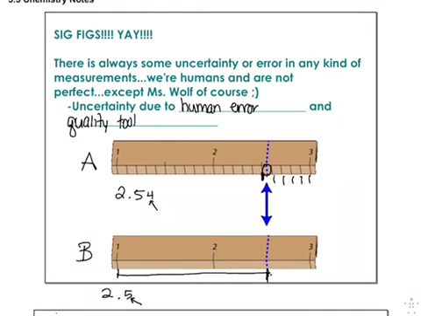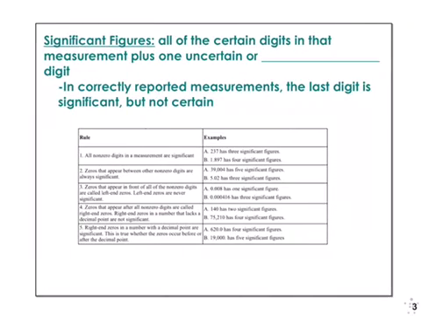So we've increased our number of certain digits going from B to A. By definition, significant figures are all of the certain digits in that measurement plus one uncertain or estimated digit. In incorrectly reported measurements, the last digit is significant, however, it is not certain.